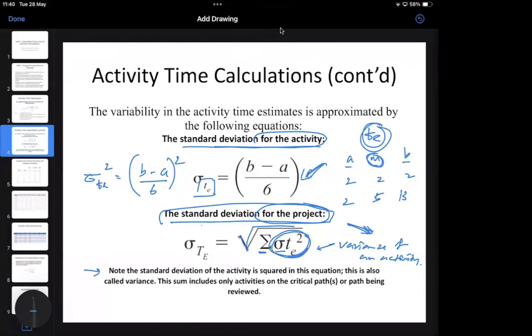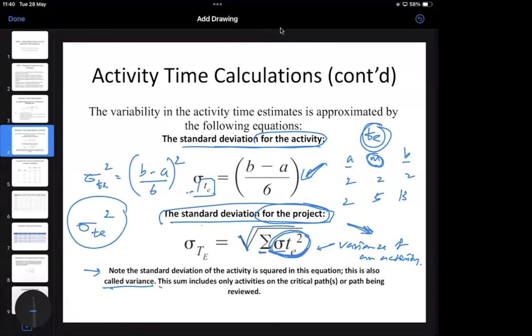Read this sentence carefully. Note the standard deviation of the activity is squared in this equation. Now you can see the standard deviation has been squared. This is also called variance. So what was here was the standard deviation, and when we square it, we get the variance.